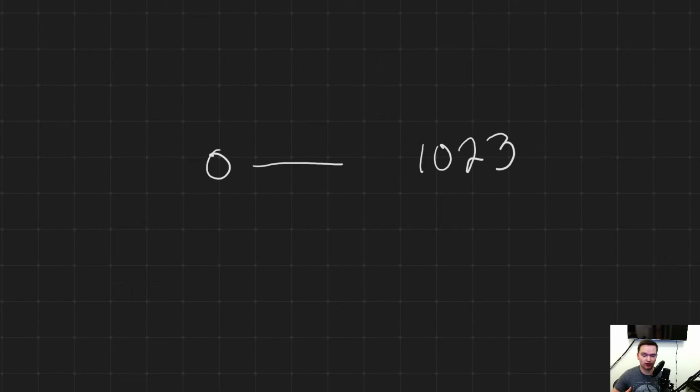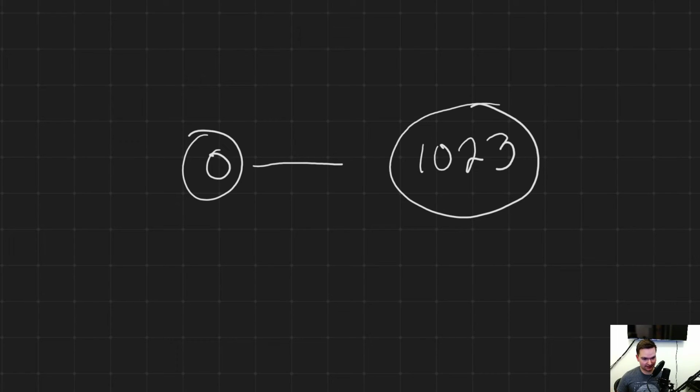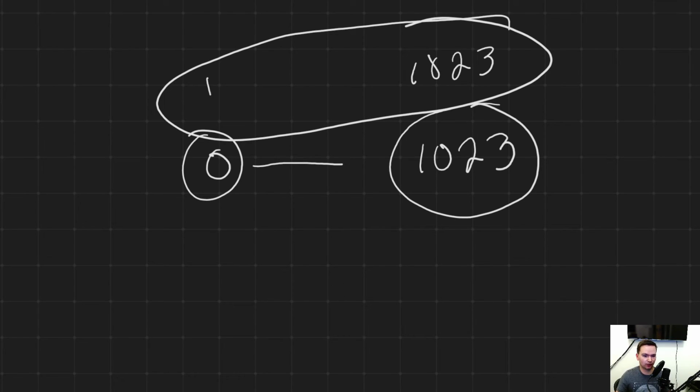So if you have a total of 1024 values and 0 counts as one of them, then the top value is 1023, right? 1023 plus our 0 is 1024. That doesn't really make sense mathematically, but if you just count 0 as one of our values, and then there are 1023 other values, those together make 1024. So you should know that we can read in values from 0 to 1023.